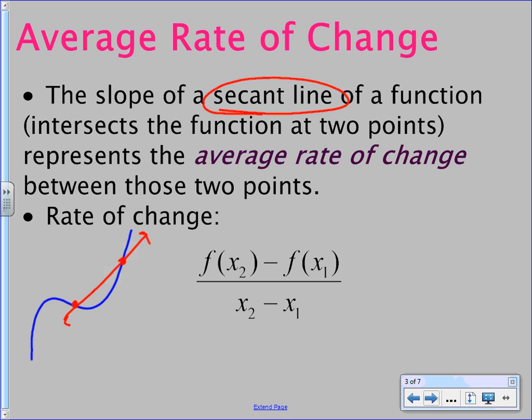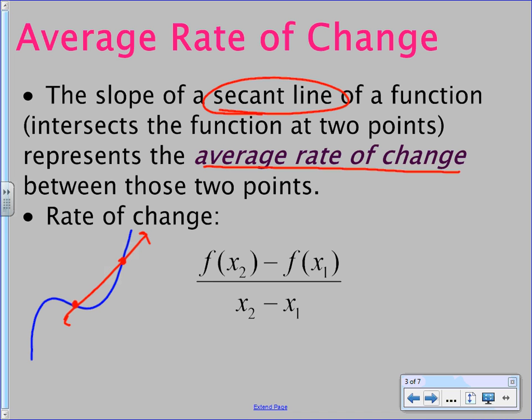We can pick 2 points on our curve that is not linear and find the slope between those 2 points, and that tells us the average rate of change as opposed to just the strict rate of change. So anytime you're looking at the average rate of change, you have 2 points on a curve that's not linear, but you are finding the slope between those 2 points.